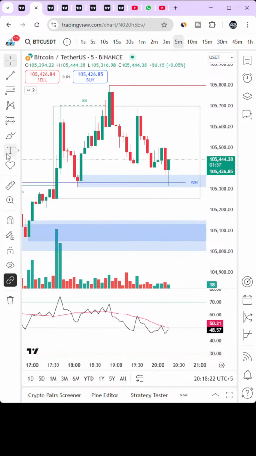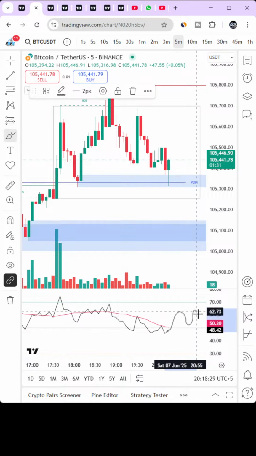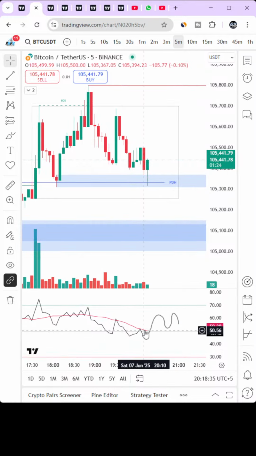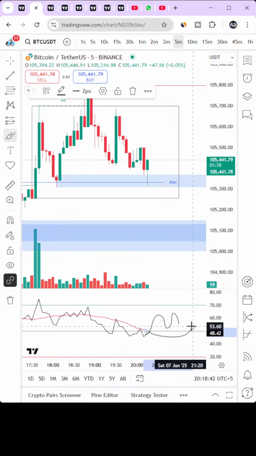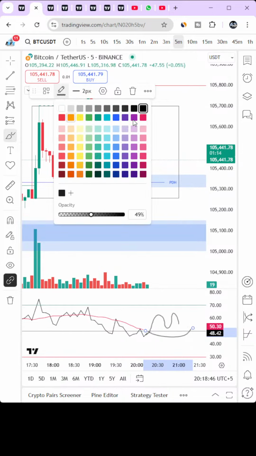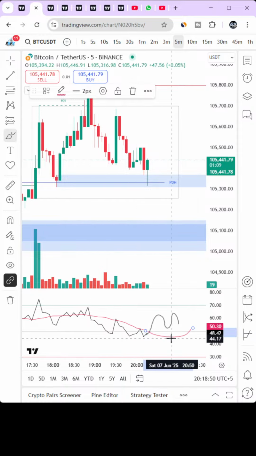The RSI should shift its structure above this 50 band, and this pink line must be under this black line. Then we will see the buy, otherwise it is sell.